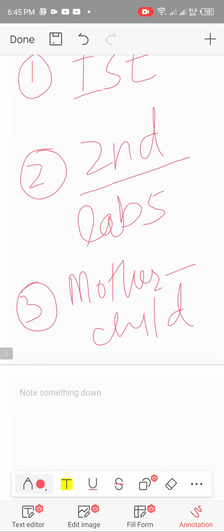And the third is that a mother is bringing her child, because she's having some concerns. The first and second types of cue card are the most common, where a person is coming to you for the first time or coming with the test result.